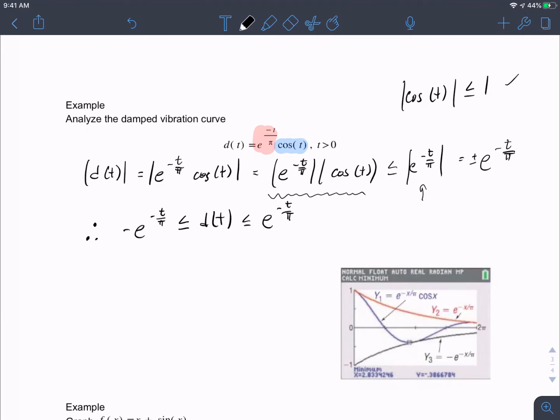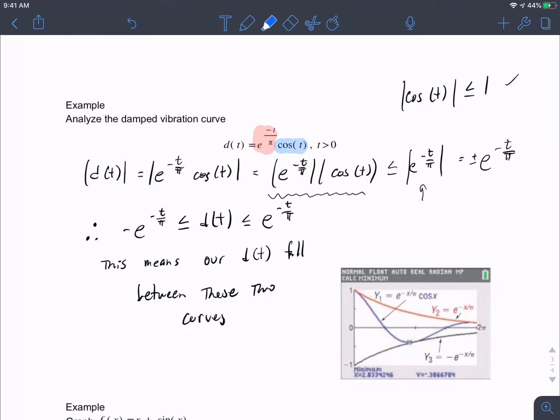So if we graph this, what this means is our d of t will fall between these two curves.